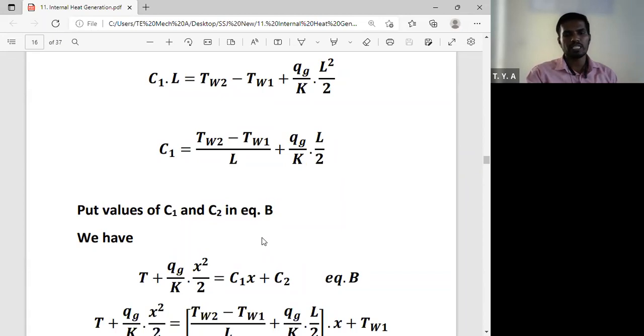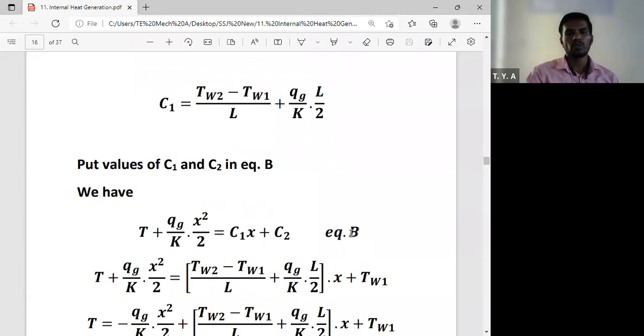So what is our equation B? T plus QG by K x square by 2 is equal to C1x plus C2. So in this equation we have to put the values of C1 and C2.